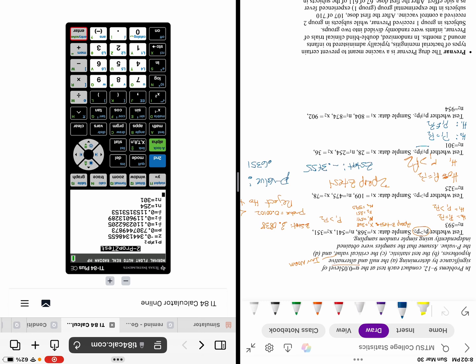And here I have a z-statistic of negative 0.3441 and a p-value.